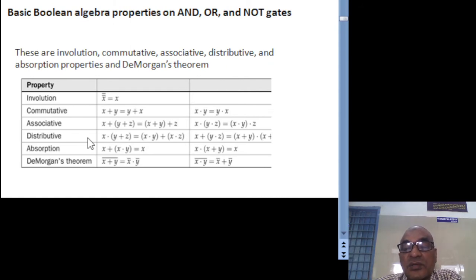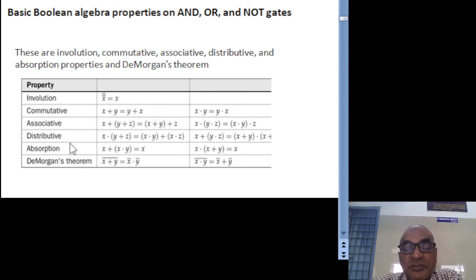Whereas in the distributive property, both AND and OR operations are distributive. If you observe here, x and (y or z) equals (x and y) or (x and z). So this is the distributive property of AND over OR, and likewise OR over AND.